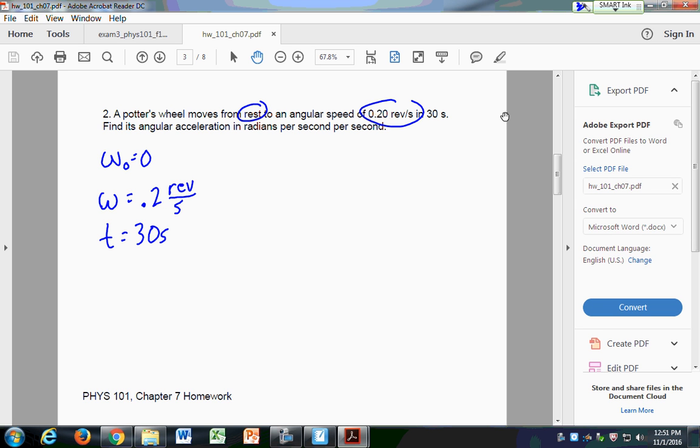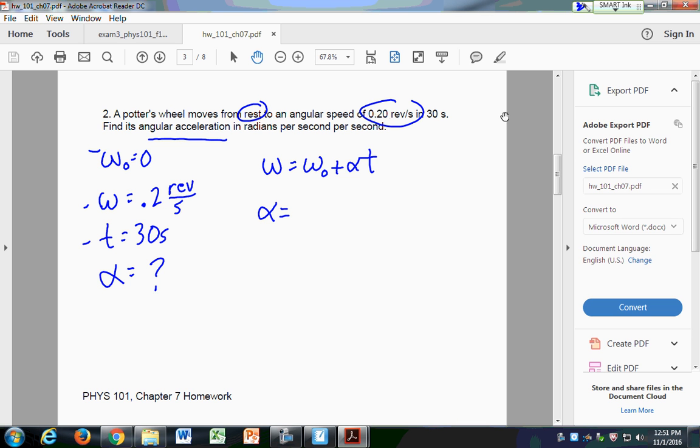That looks like all we know, and I want to know what is alpha, my angular acceleration. I like going through this process. I come to this problem, I don't know right off how to work it until I write down everything that I know and everything that I want to know. And so I look at these and I see a pattern, so I think I can use this in order to solve for alpha.